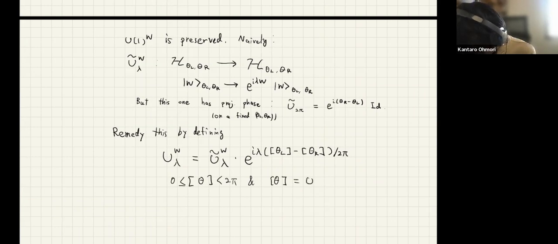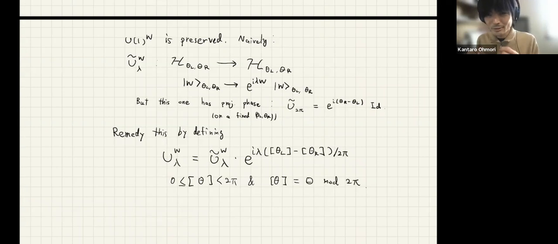Let me make that explicit, this is going to be important. This looks trivial, but the square bracket emphasizes that we take this particular fundamental domain, between 0 and 2 pi.